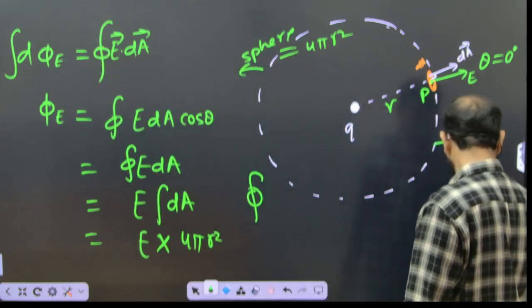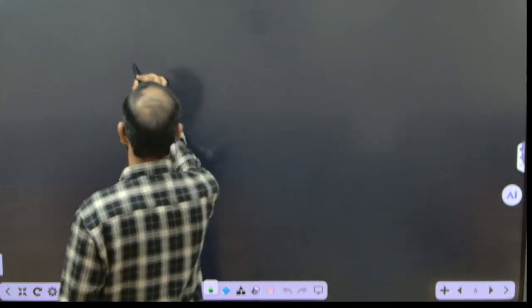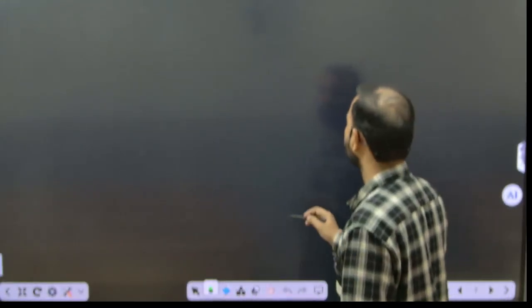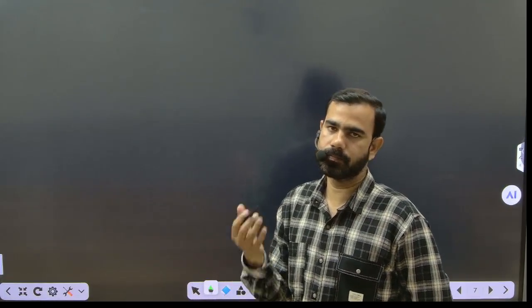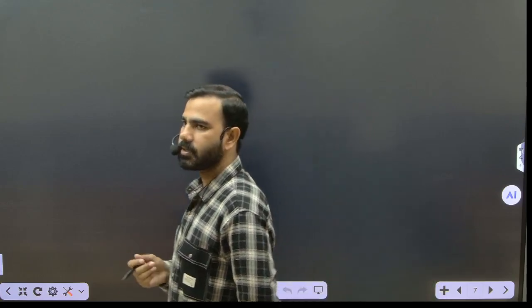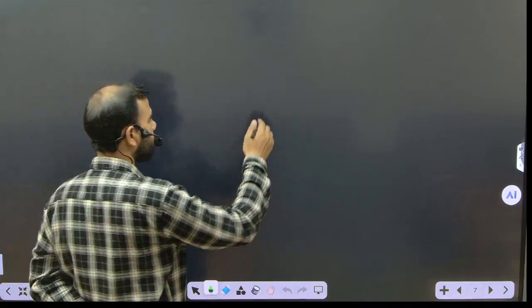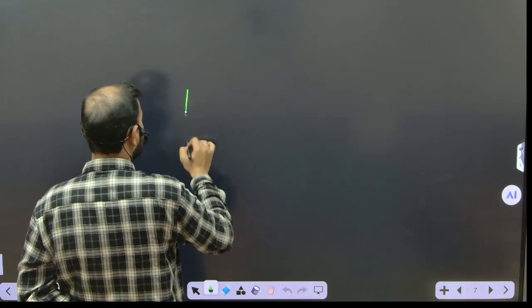Now we have to solve one question like that. One thing is remaining: the electric flux through any closed surface is independent of the shape of the surface.